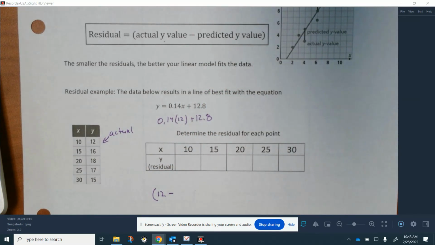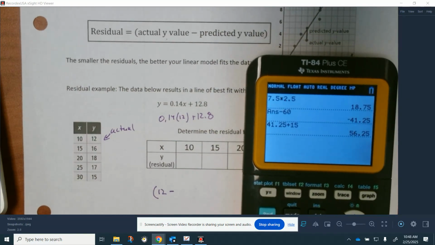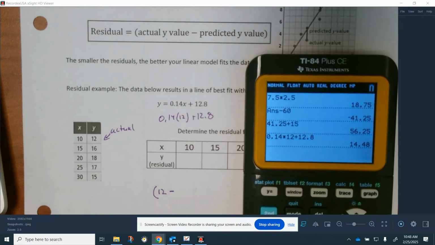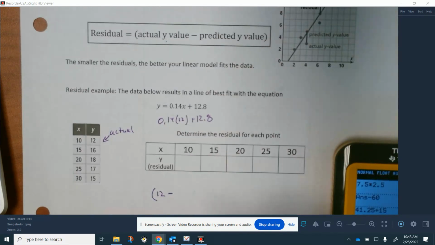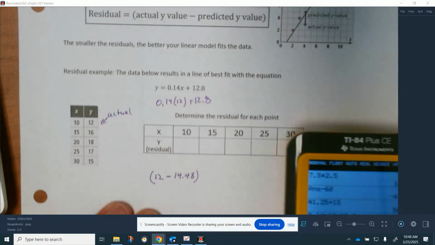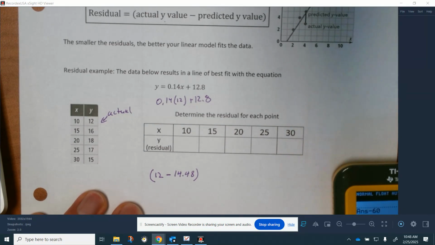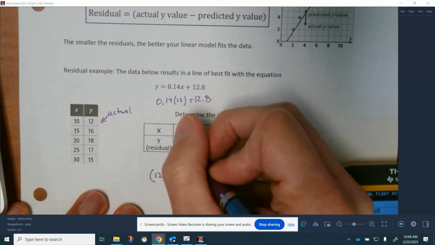And then you use your calculator, you type it in, and figure out what you get. So 0.14 times 10 plus 12.8. My predicted value would be 14.48. So I would then do 12 minus 14.48 to get the residual. And that gives me a residual of negative 2.48.